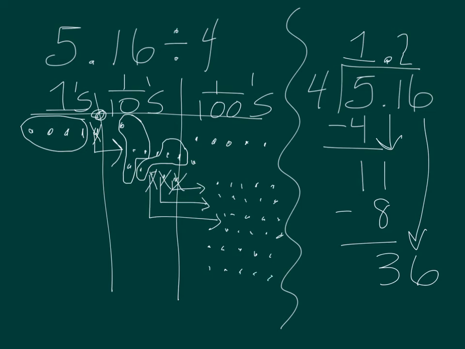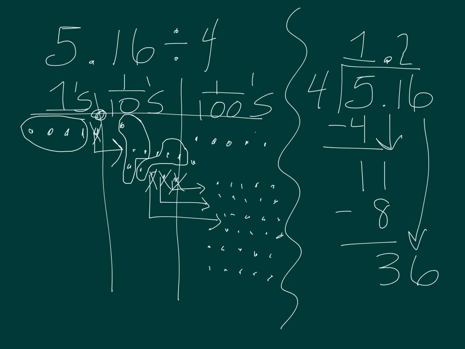So I should have in my place value chart here 36 ones. Let's see, 5, 10, 15, 20, 25, 30, 36. 36. How many groups of 4 can I make out of 36? Let's see.